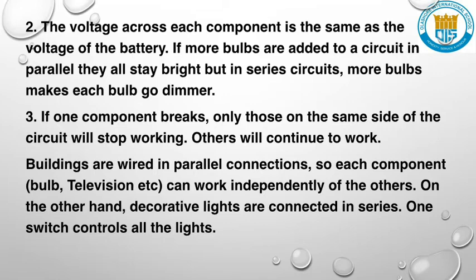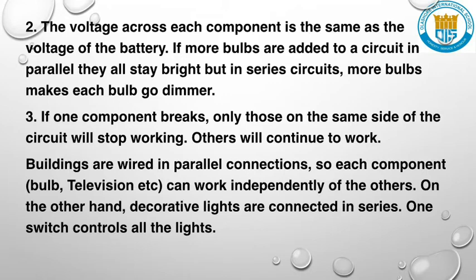But if it was a series circuit, when you add more bulbs or more lamps, each bulb will get dimmer, because remember that in a series circuit they are sharing the voltage. But in parallel circuits, each component still has access to the full voltage supplied by the battery in the circuit.